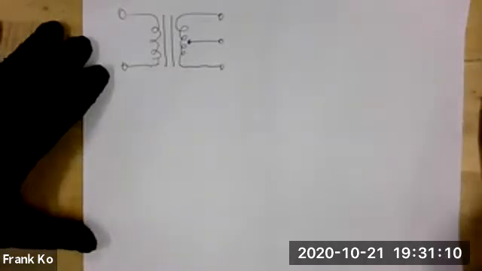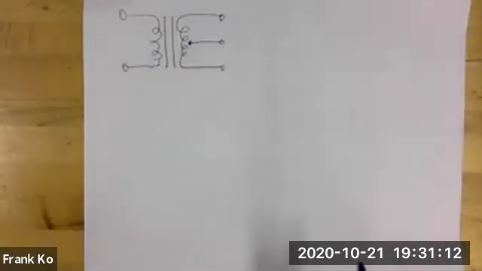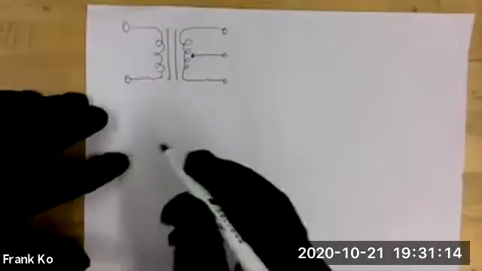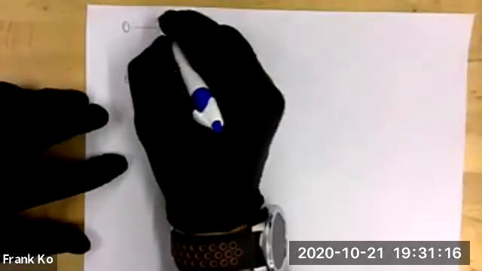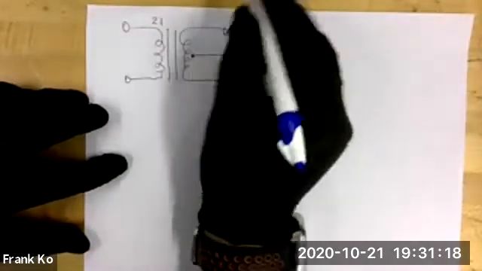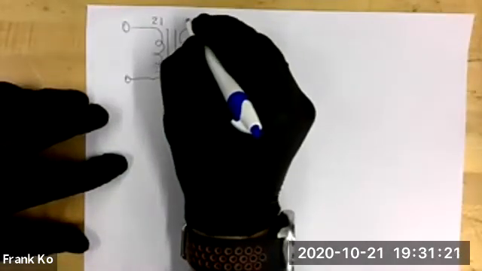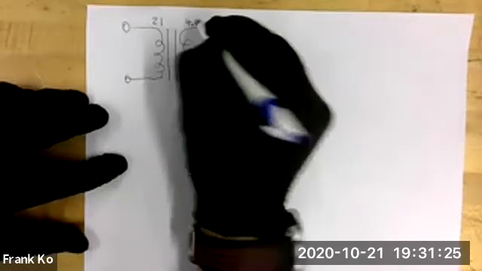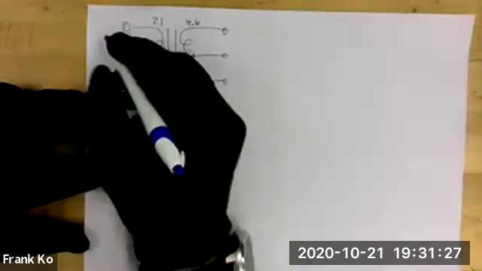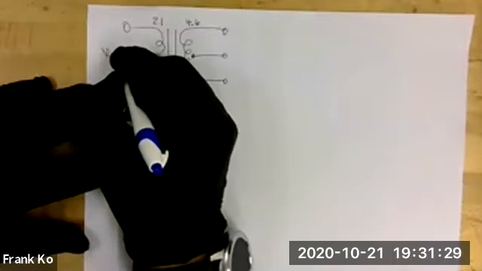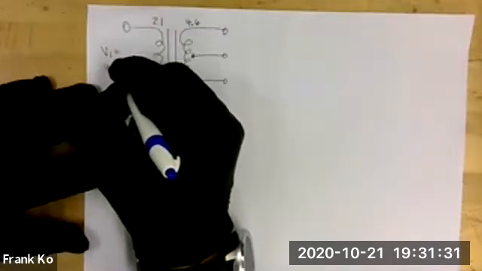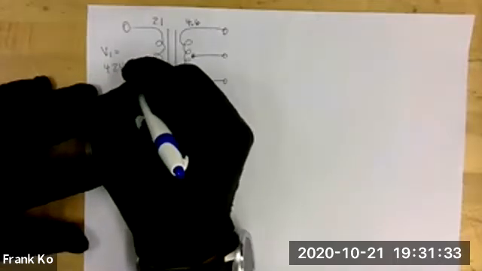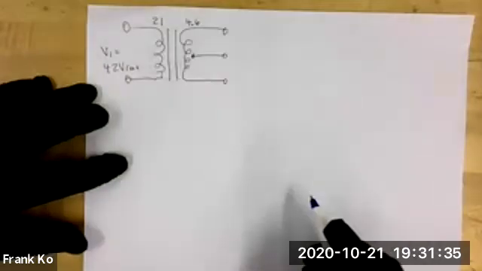Let me give you some parameters on this particular transformer. Let's say this side is equal to 21, and this side is equal to 4.6. And let's say V1 is equal to 42 V RMS.